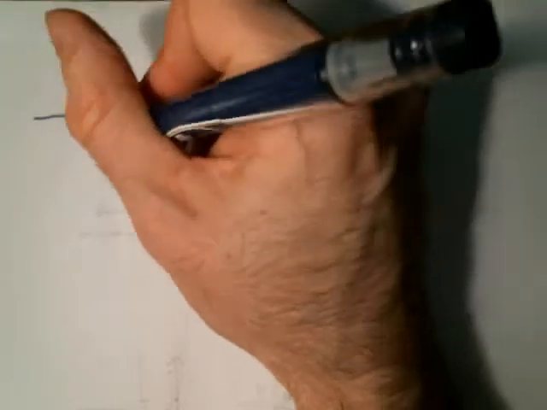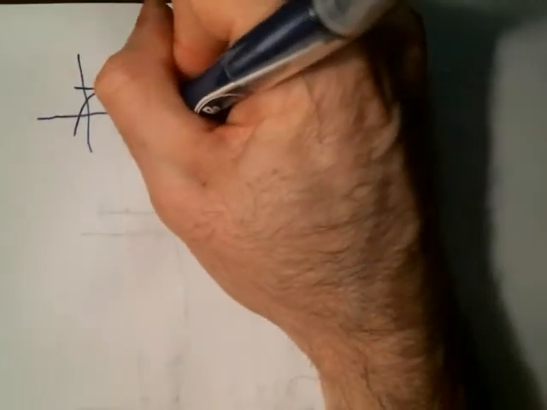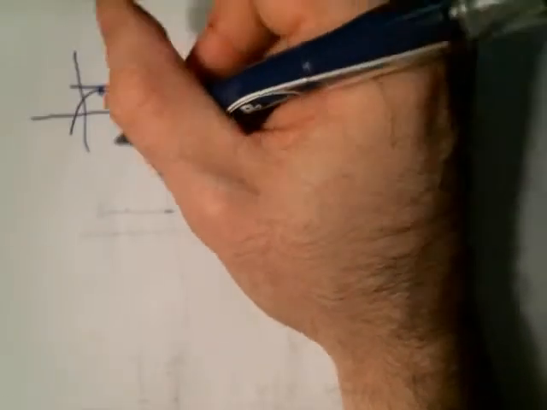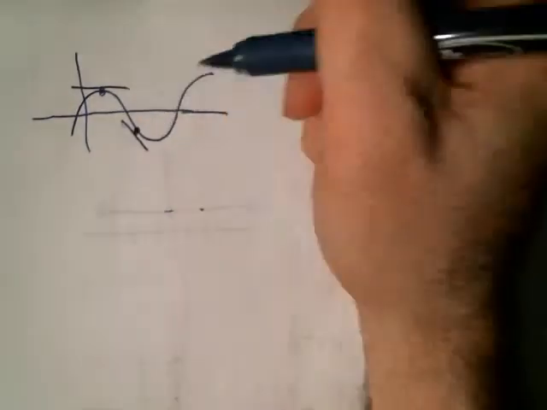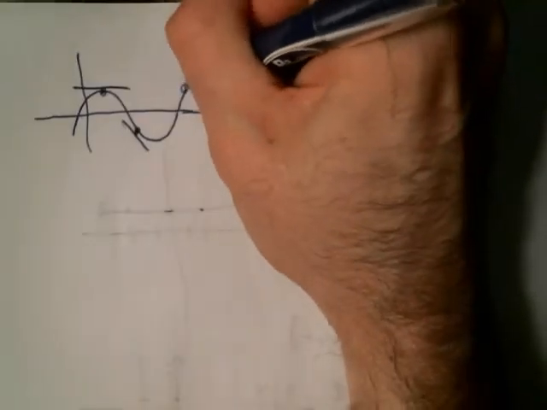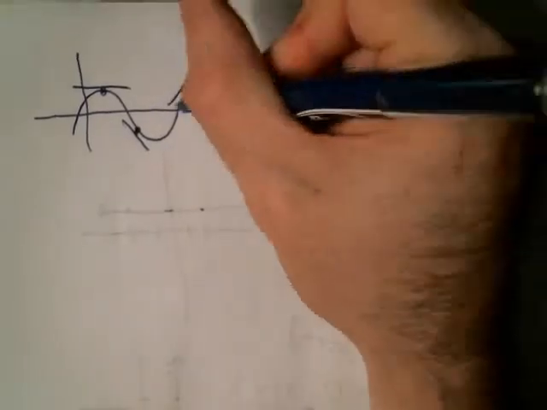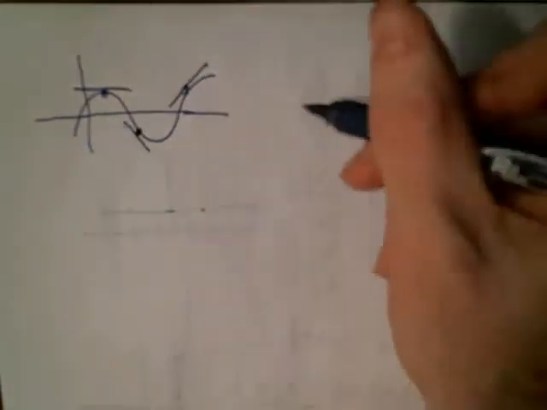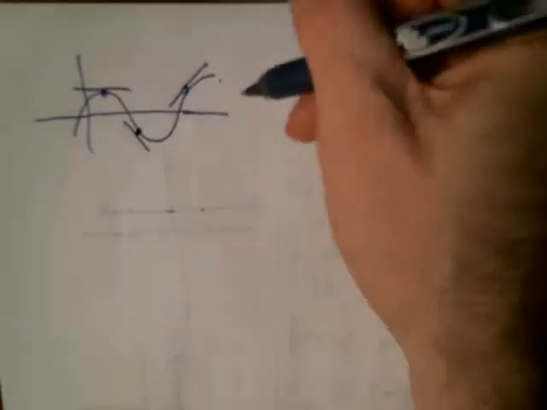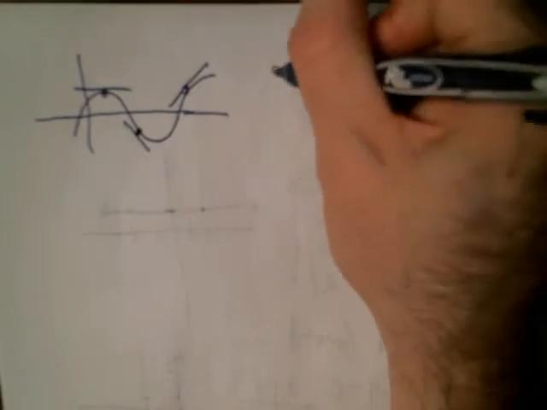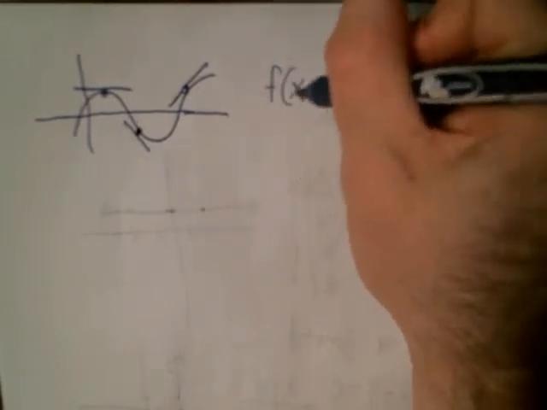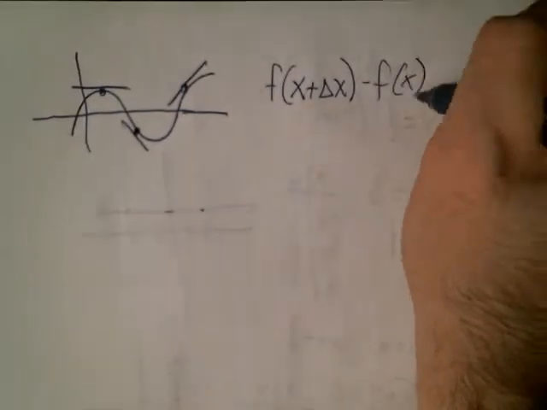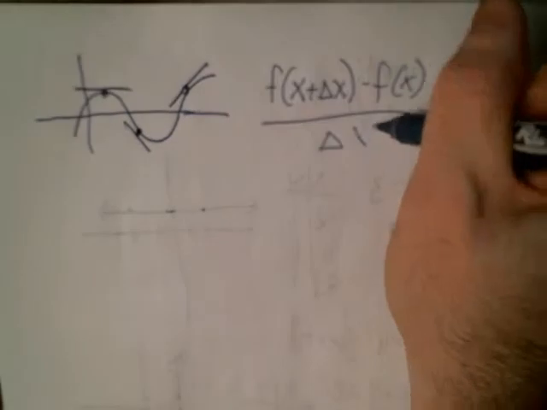This thing is going up, it's going down, but you can take any point on the graph and associate it with the slope of the tangent line at that point. Okay, so we'll want a formula that allows us to find the slopes of these tangent lines, and the beginnings of that formula will be this odd-looking thing: f of x plus change in x, minus f of x, all over change in x.